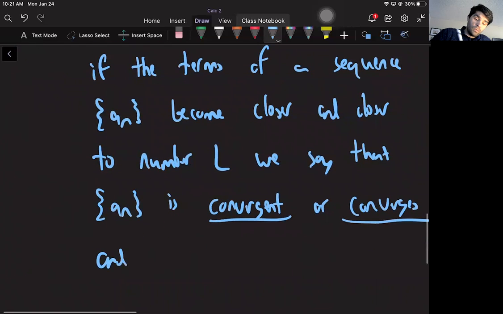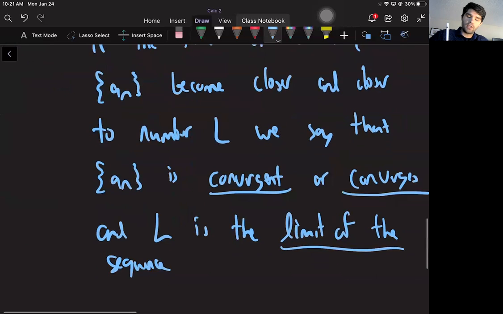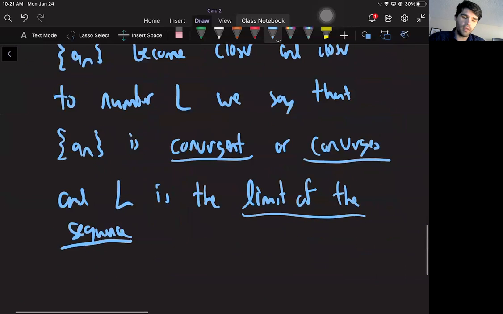And L is called the limit of the sequence. So whatever number the sequence goes toward or converges to is called the limit.